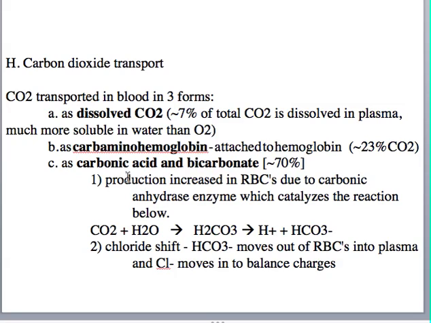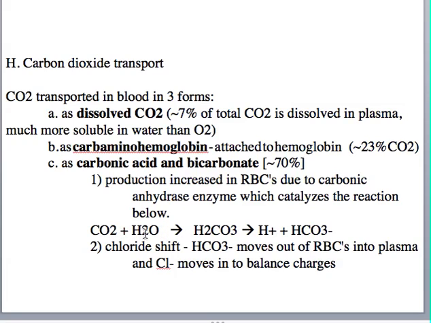Now, carbonic acid and bicarbonate are produced in red blood cells because of the carbonic anhydrase enzyme, which catalyzes this reaction. Again, here it is again. Pardon me because I didn't make the 2's little like they should be. I just kind of typed them in there really fast, so please forgive me.